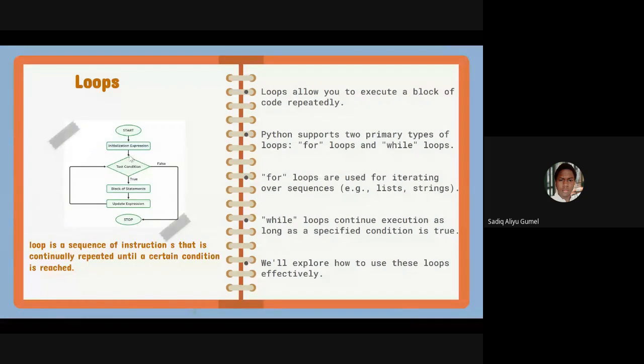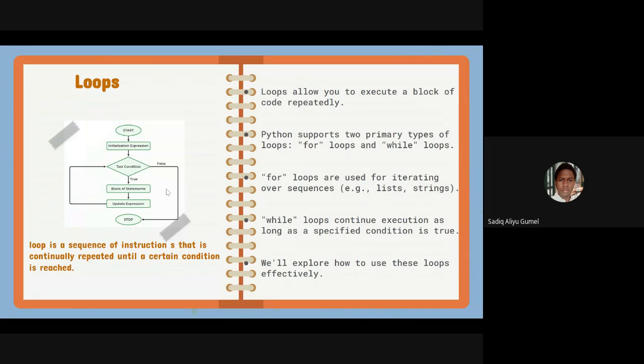So let's see the algorithm or flowchart of this loop. It starts with an initialization expression. Expressions here are conditional statements. As we discussed, in the if statement we use conditional statements, like age is less than or equal to certain values. If this condition is met, then the loop will run the code block within it.